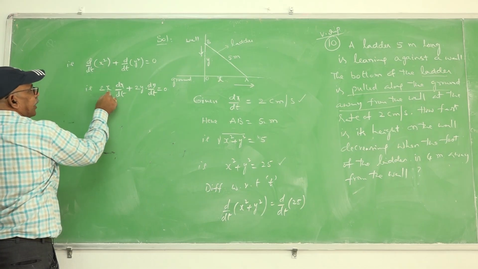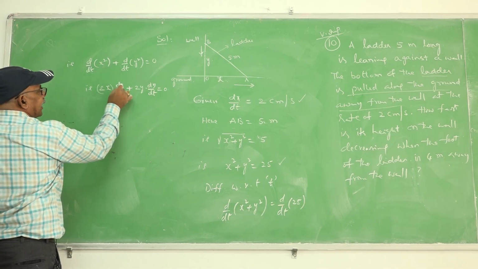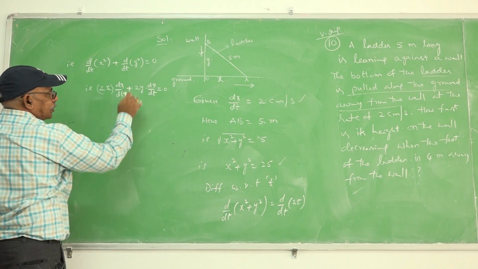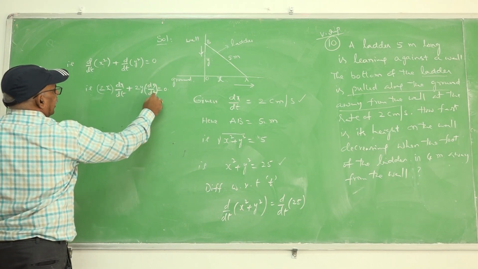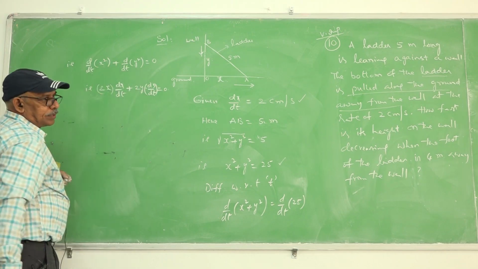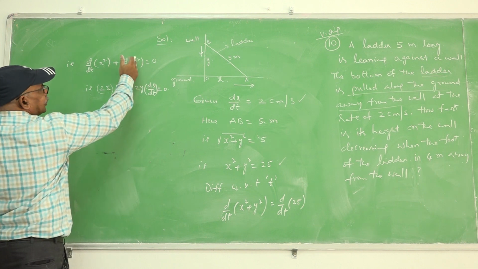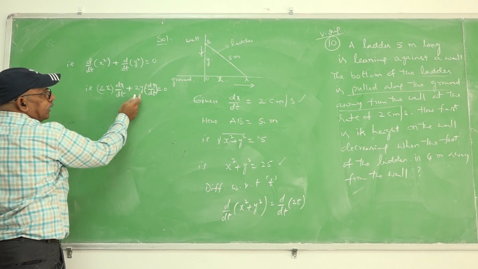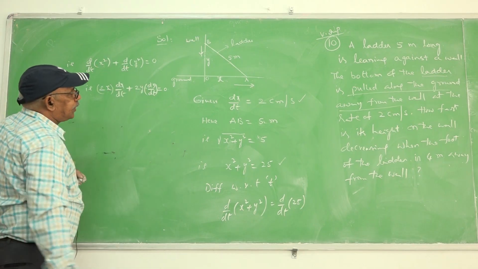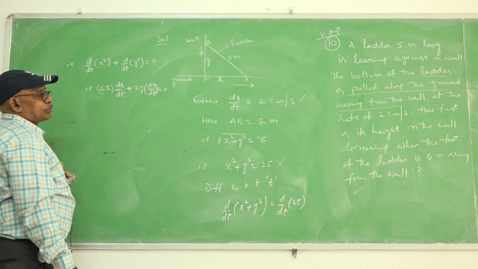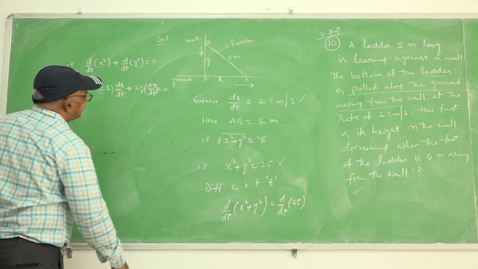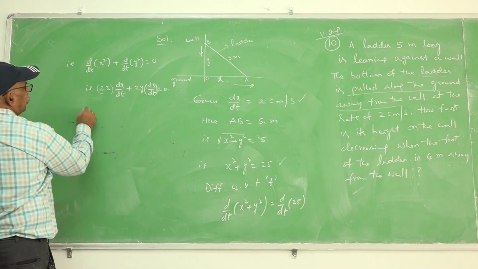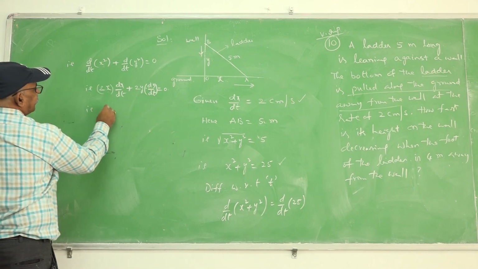I am taking the derivative with respect to x and then x with respect to t, function of a function. Similarly, y depends on t: take the derivative with respect to y and then the derivative of y with respect to t, function of a function.